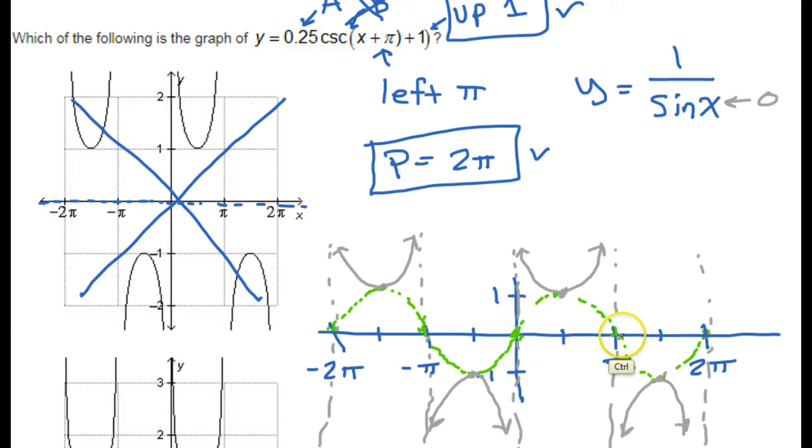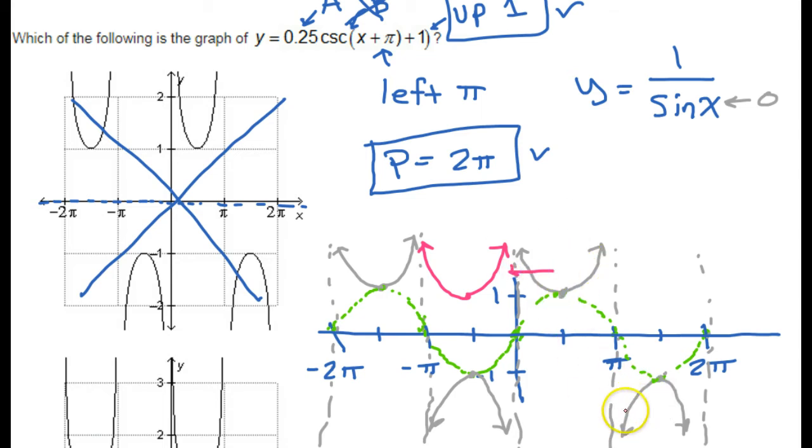So let's see. Remember that pi is 2 marks on this graph, or pi is the distance between asymptotes. So if I shift left pi, then for example, this loop right here is going to shift over here. I just shifted this to the left.